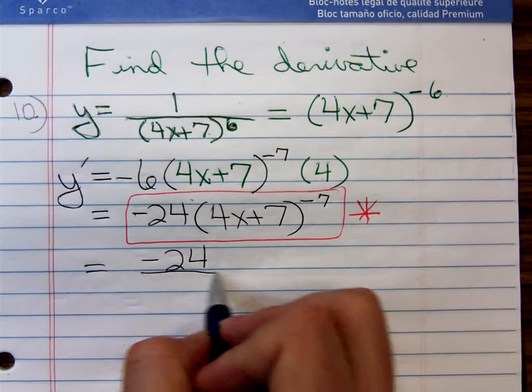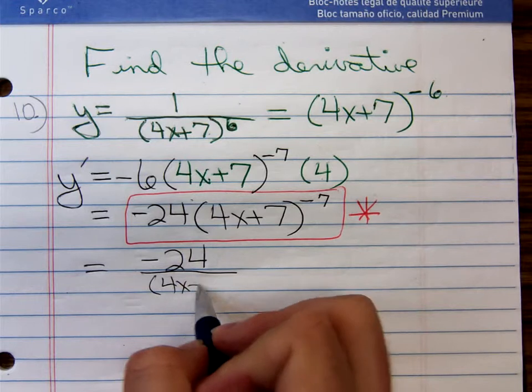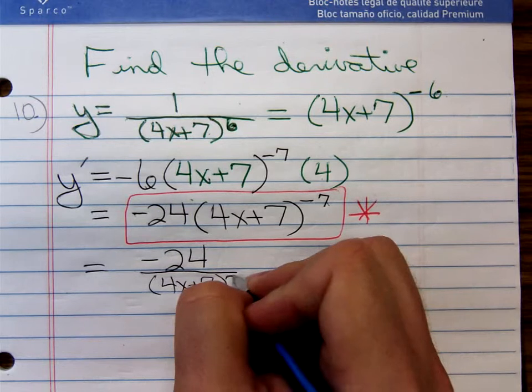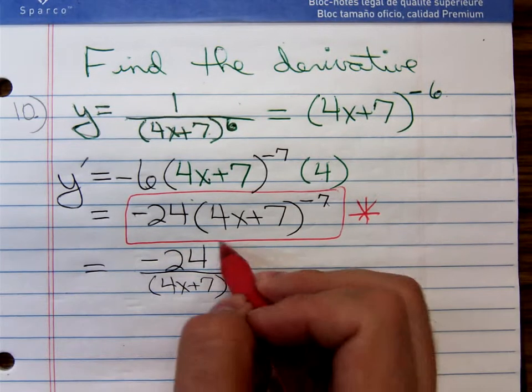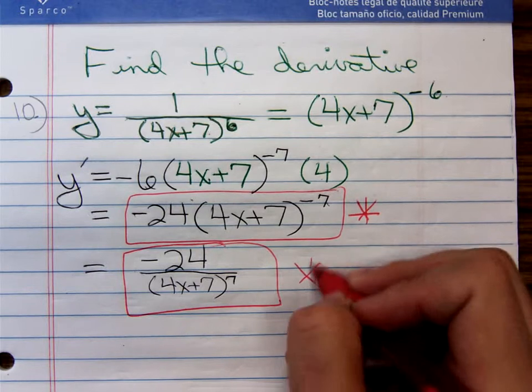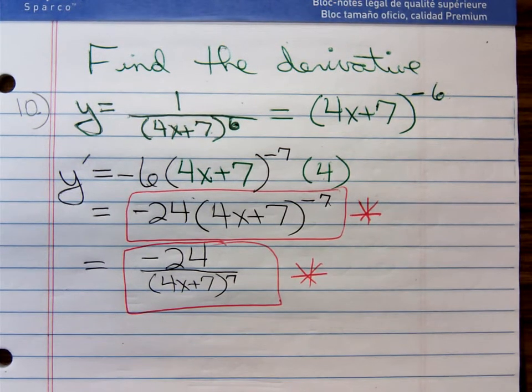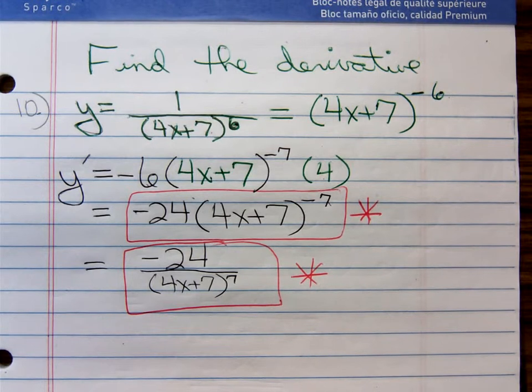We move the 4x plus 7 down, and that negative 7 exponent becomes a positive 7. Either one of those would be acceptable. Any questions there? And I have a couple of word problems also. This is like your numbers 8 and 9. Any questions before we go on? Okay.